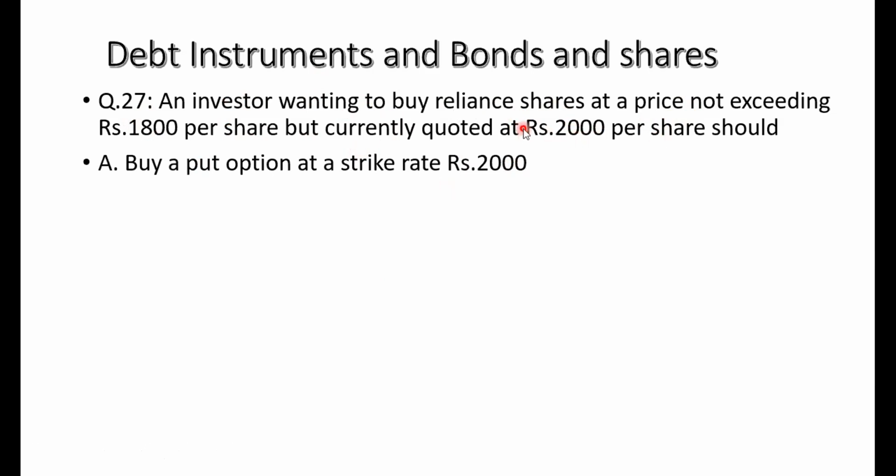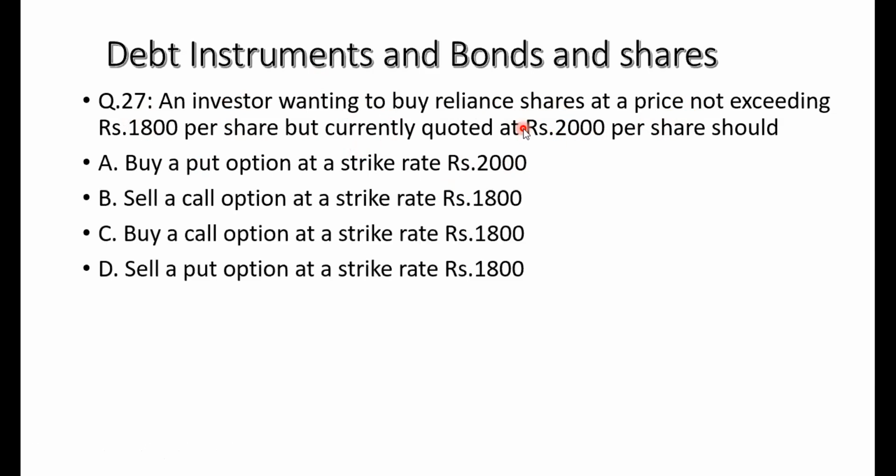Then he is planning to buy an option. Which option? Now I am clicking the 4 options. He wants to buy a Reliance share, but he doesn't want it at a rate more than 1,800. Now whether A, B, C or D, which one will you pick up? All of you quickly, 20 seconds.